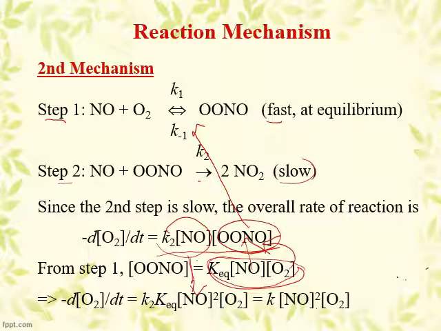We have NO twice now, so that's why you get squared here, and then O2. Then this k2 K equilibrium can be changed to a new constant, k. So we have k NO squared O2. Still the same rate law, but a different set of mechanisms.